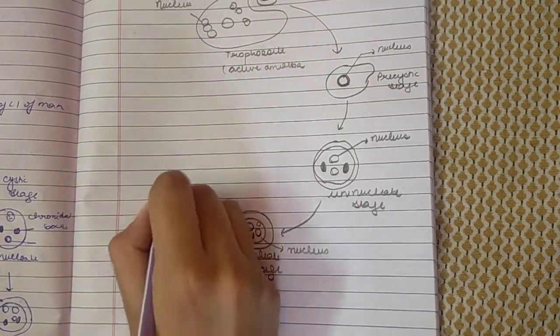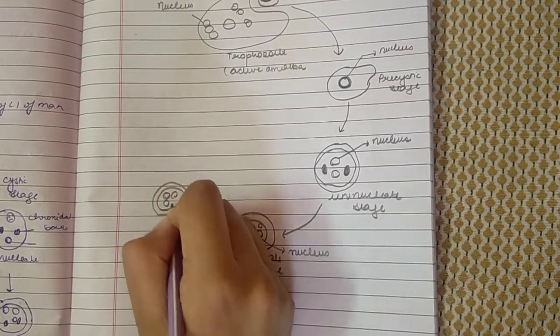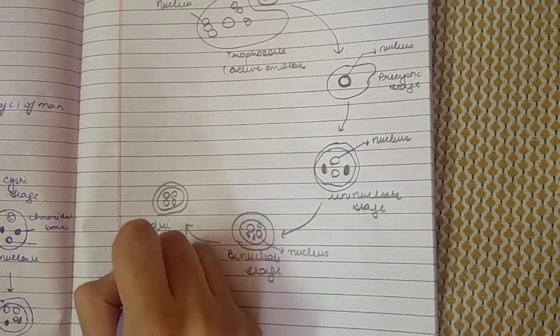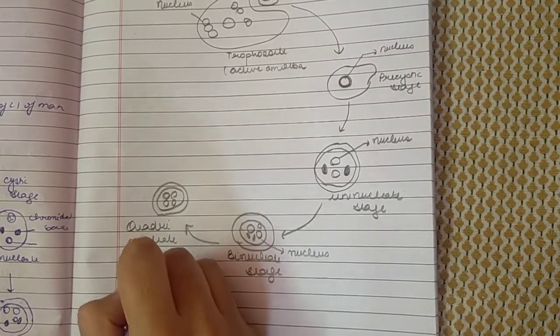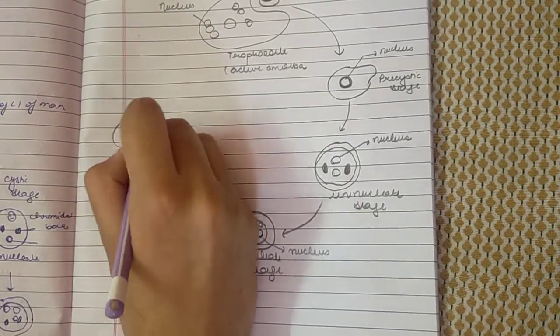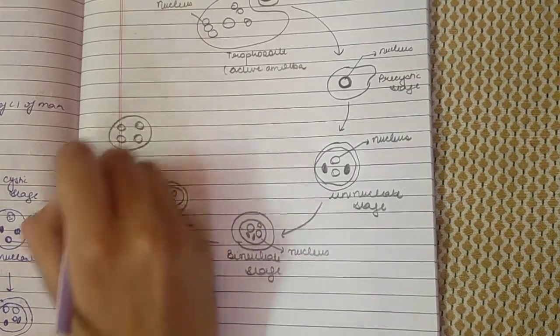Then it will get converted into what we know is having 4 nucleus, the quadrinucleate stage. Then it will undergo excystation, and the cyst wall will be removed.